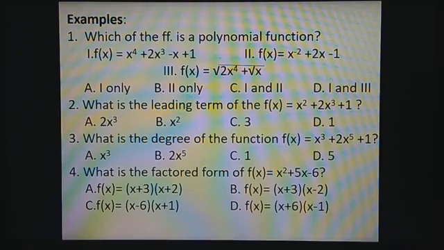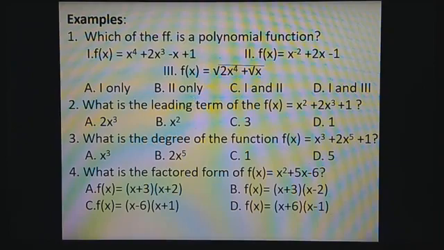Walang negative integer. Pag sinabi na natin integer, dapat siya ay whole number. Kung mapapansin natin si number 1, 4, 3, 1 ang kanyang mga exponents ng variables or ng terms. Yung sa 2, meron tayong exponent na negative 2. So, hindi na siya pwede.